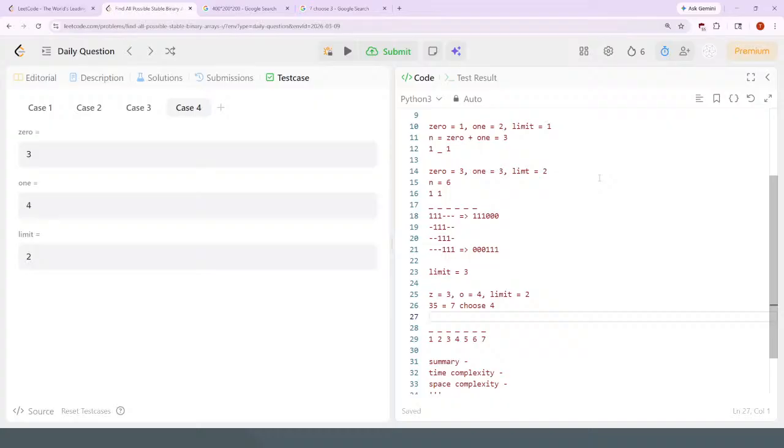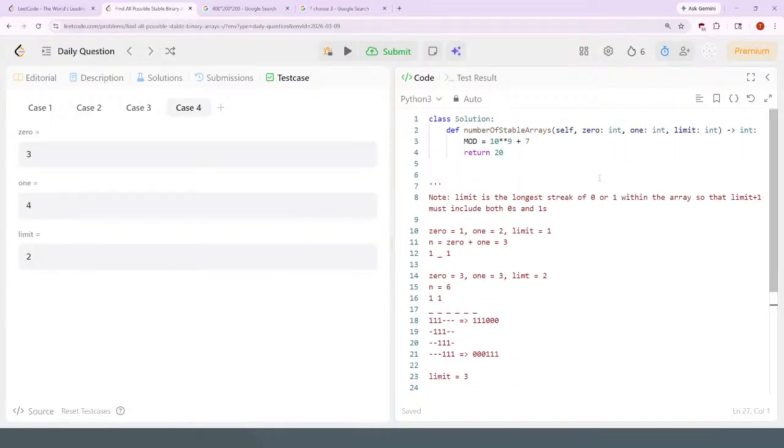Maybe this is dynamic programming. So for dynamic programming, considering each index is the state. Each index is a state. Is that right?